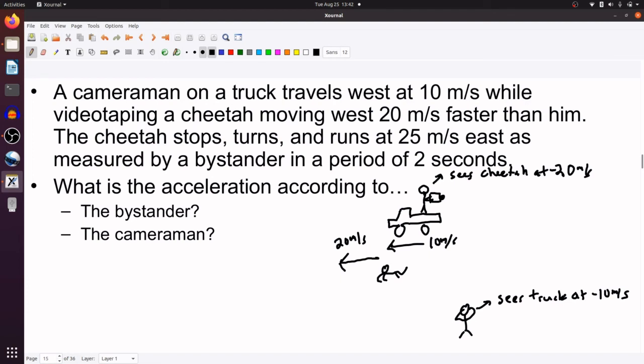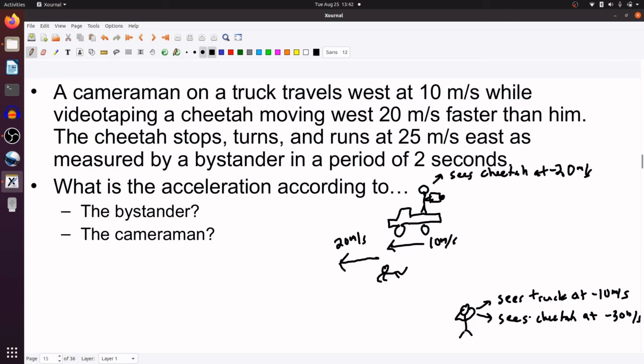Okay, so if he sees the cheetah moving at -20, and they're already moving at -10, the cameraman and truck crew, then the bystander sees cheetah at -30. These numbers are a little bit unrealistic, FYI, but it works for what I'm doing.